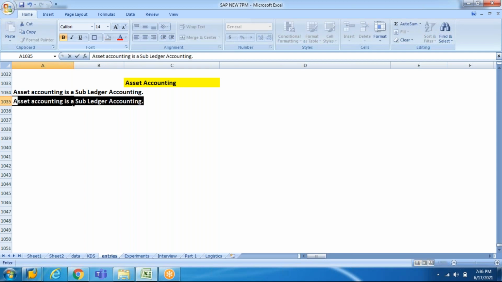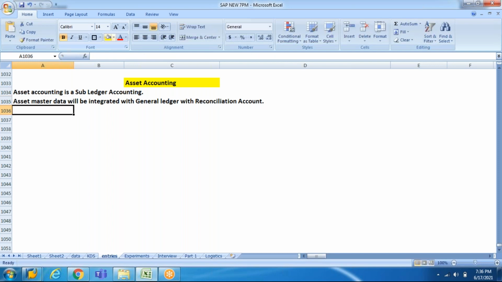So asset master data will be integrated with the general ledger with a reconciliation account.